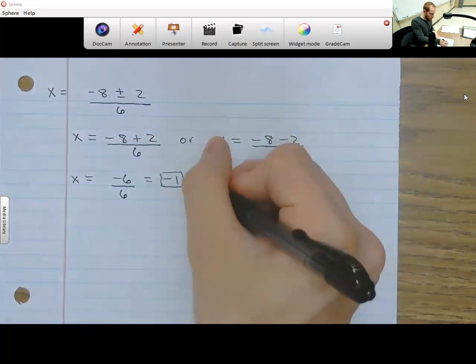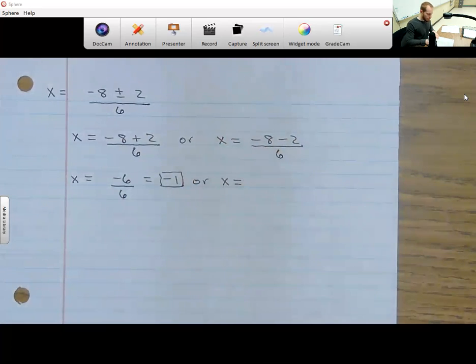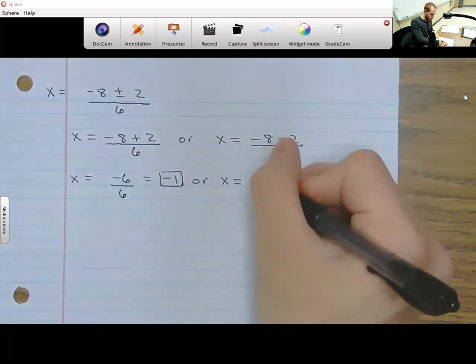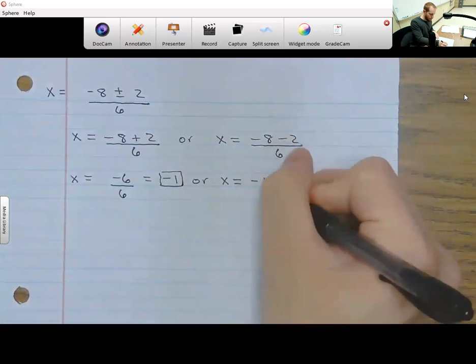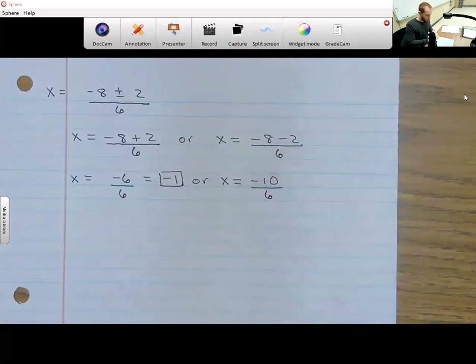And then I'm going to have x equals what? -8 minus 2, that's going to be -10. Everything is still divided by 6. So it's not going to be a whole number because we can't divide -10 by 6 evenly.